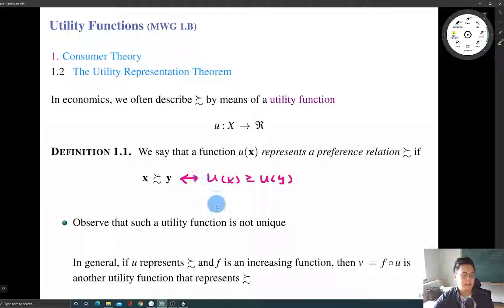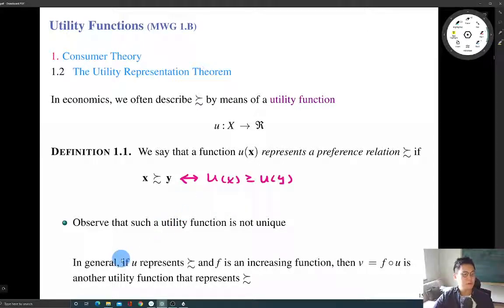So that simply means such a utility function is not necessarily unique. Okay, it's not necessarily unique, because once we assign some number to u of x, then if we assign a smaller number to u of y, this function u does the job. Okay.